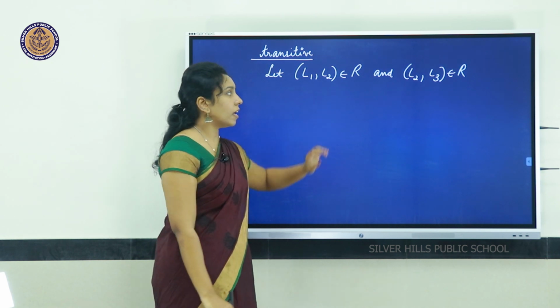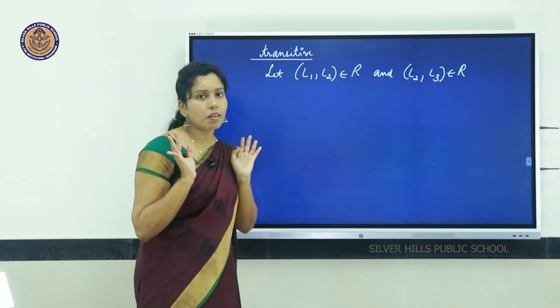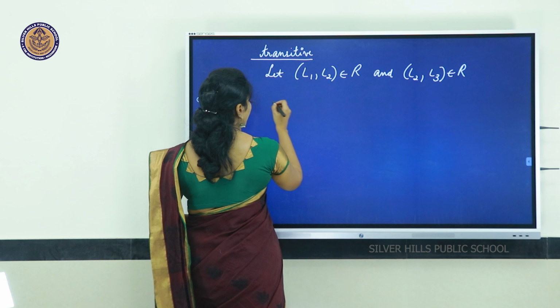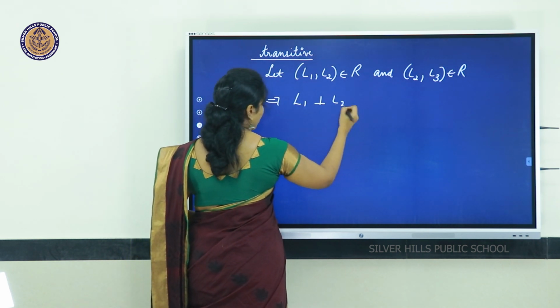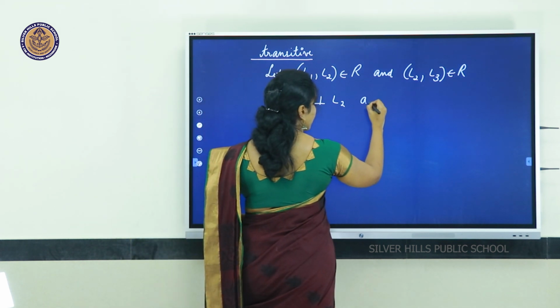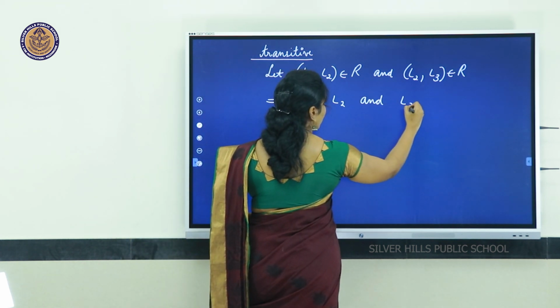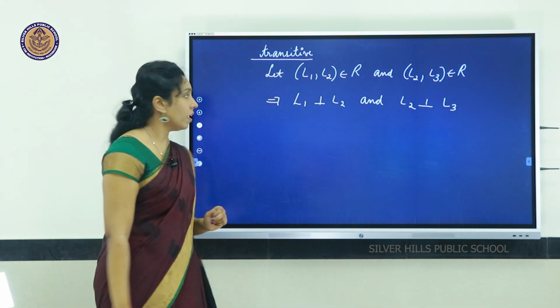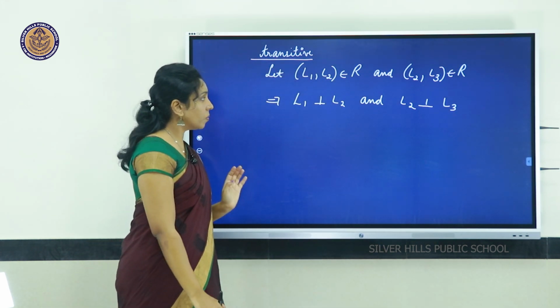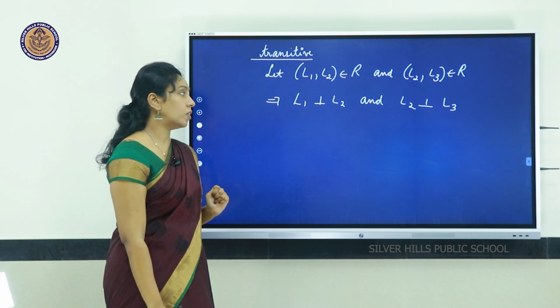L1, L2 belong to R, L2, L3 belong to R. Now we will write the meaning of these. What does this mean? This implies L1 is perpendicular to L2 and L2 is perpendicular to L3. Okay? L1 is perpendicular to L2 and L2 is perpendicular to L3.